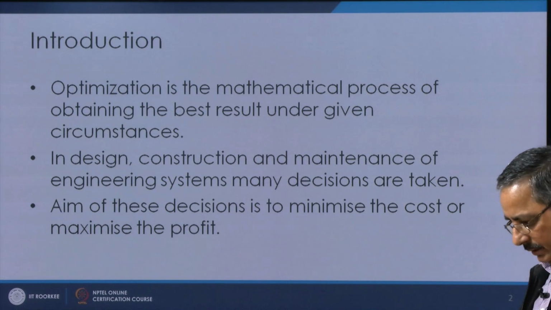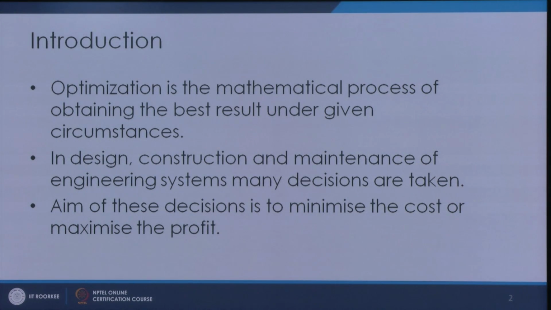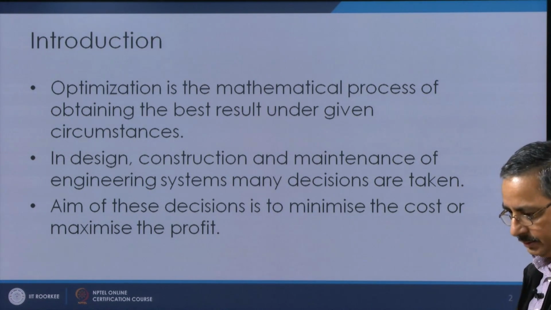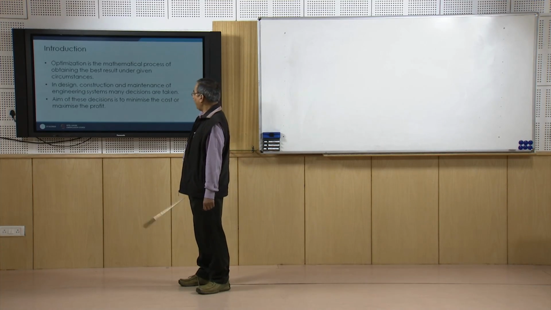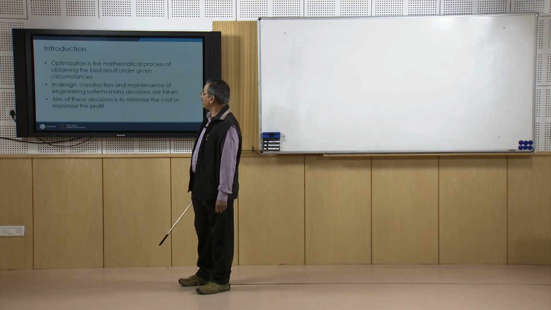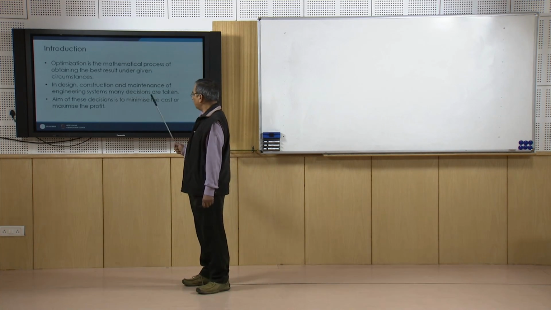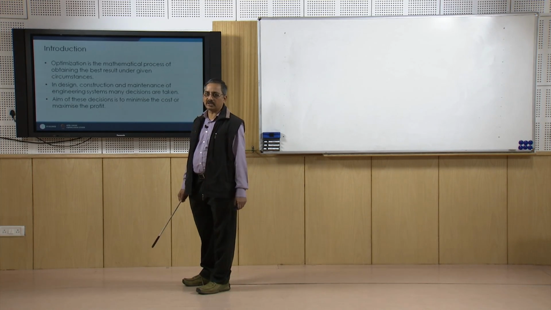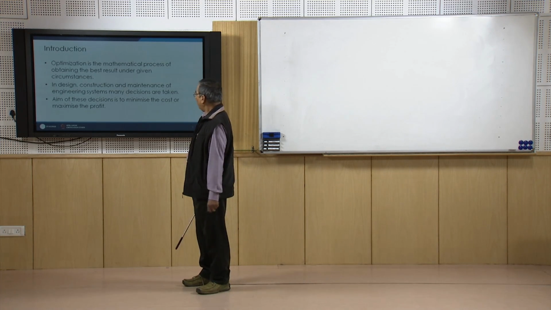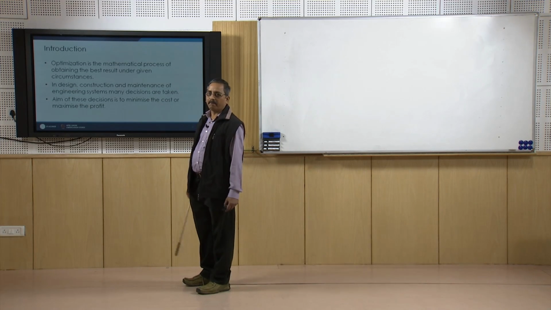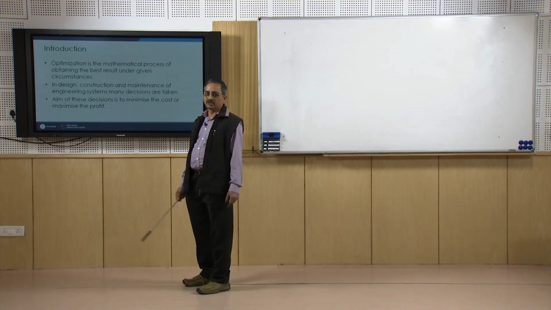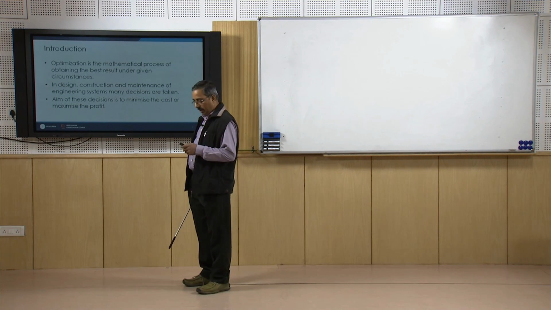Now, in many engineering activities such as design, construction, and maintenance of engineering systems, we take so many decisions, and the aim of these decisions is either to minimize the cost in order to make things economical, or to maximize the profit, so that the company's financial health is good and it is able to run.